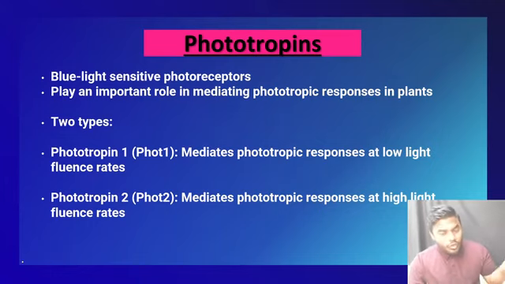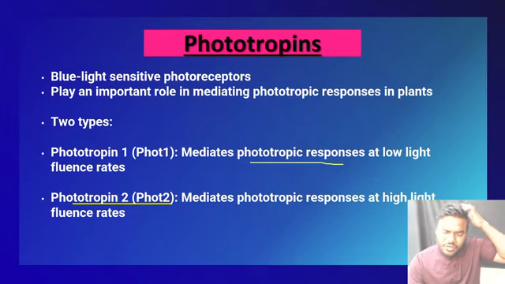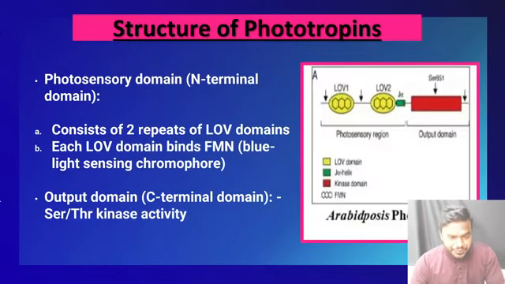Same way, cryptochrome 1 can also survive in the no light condition. Same way, for phototropin 1, even though light is low, that's sufficient. It can show its response. Phototropin 2, if it wants to show any kind of response, the light should be at a very high intensity.